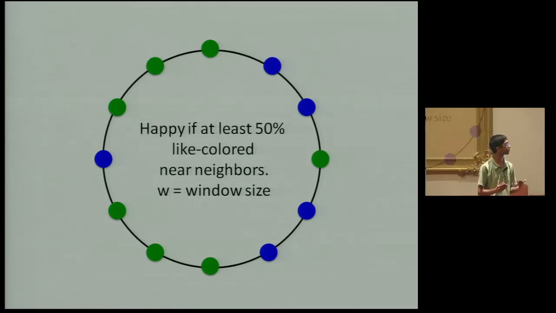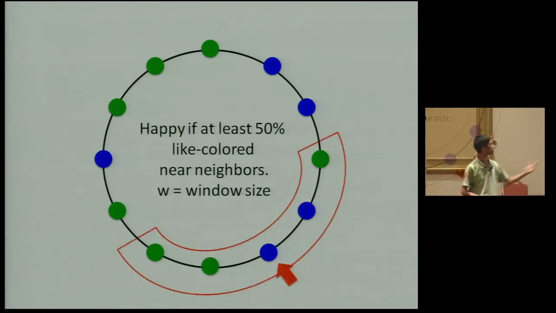An individual's neighborhood is all other individuals within a range of W units or less, including himself. To illustrate, the blue individual here, indicated by the arrow, has a neighborhood of this set of 5 individuals if we let W equal 2. He's actually a minority in this neighborhood, because there are 3 green individuals and only 2 blues. In fact, all of the marked individuals here are unhappy.